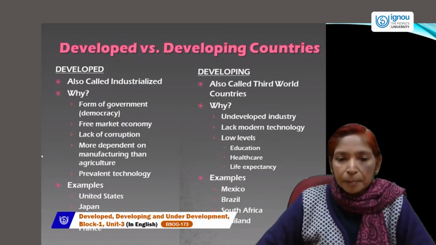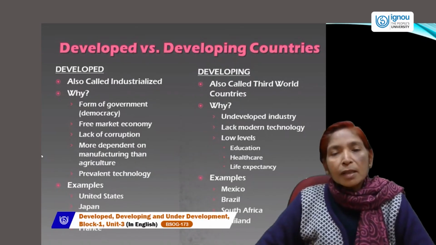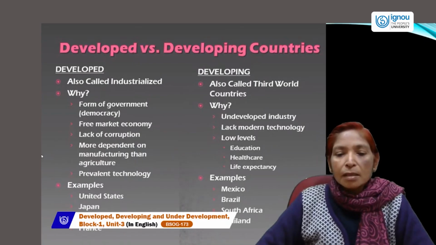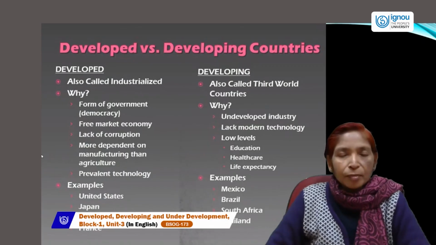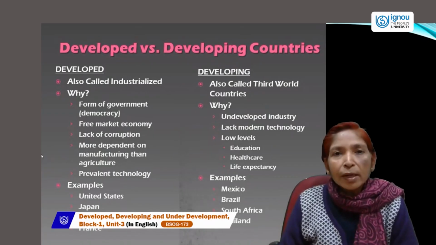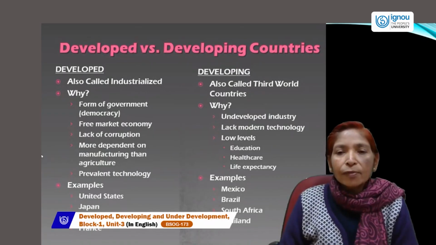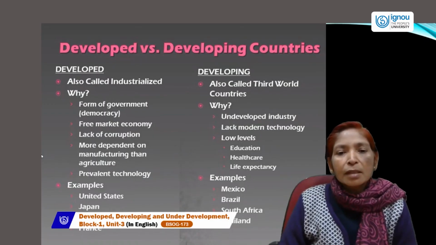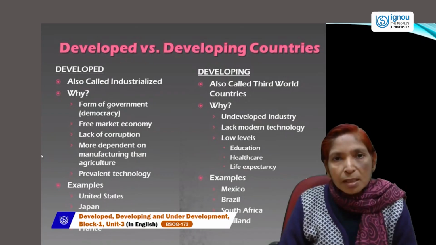Next, examples of developing countries are Mexico, Brazil, South Africa, Thailand, India, China, and other neighboring countries of India. All these countries are called developing countries. So developing countries are those countries with a low level of industrialization or underdeveloped industries and a lack of modern technologies.